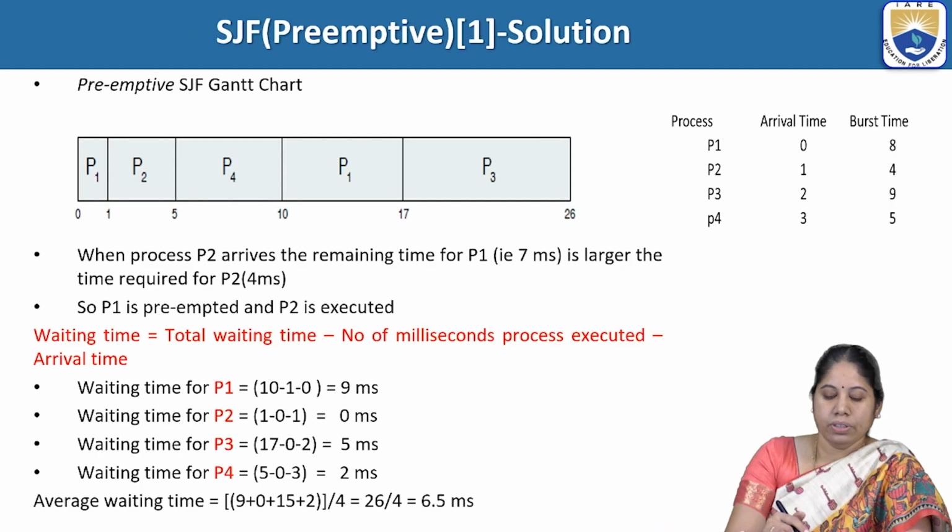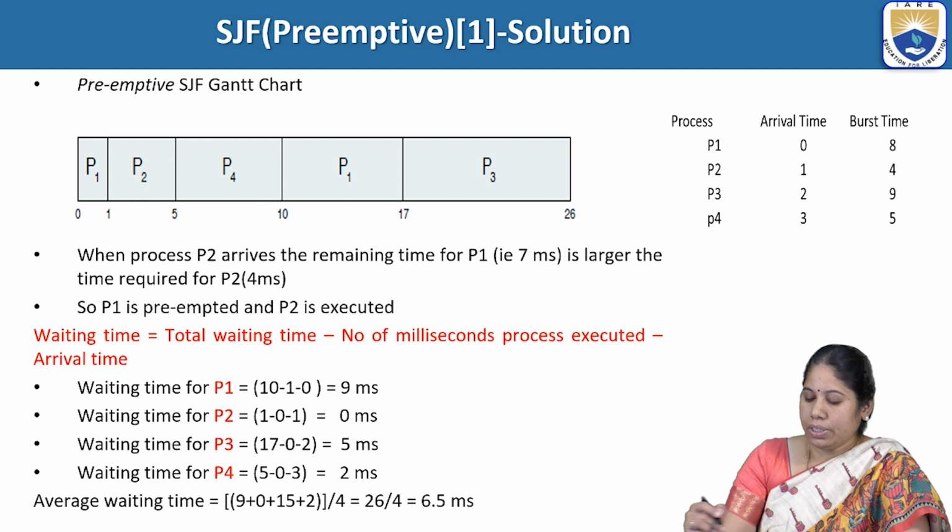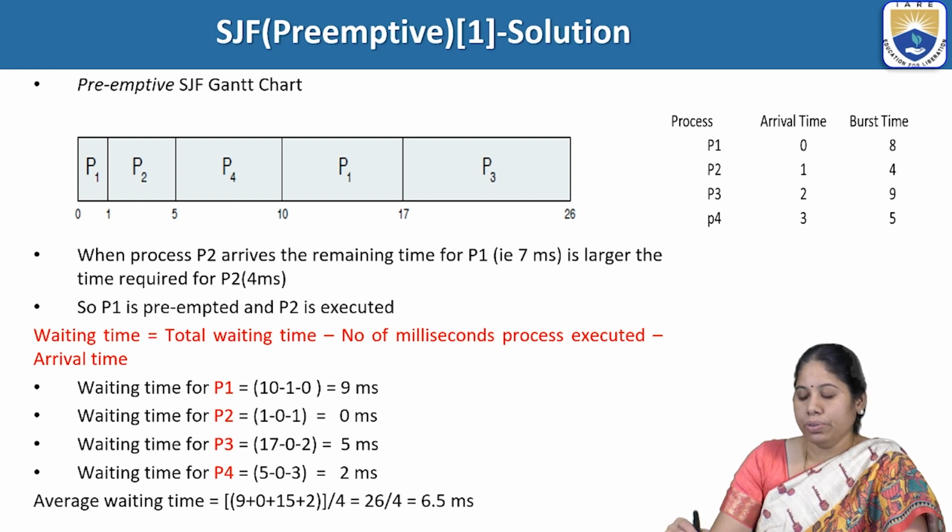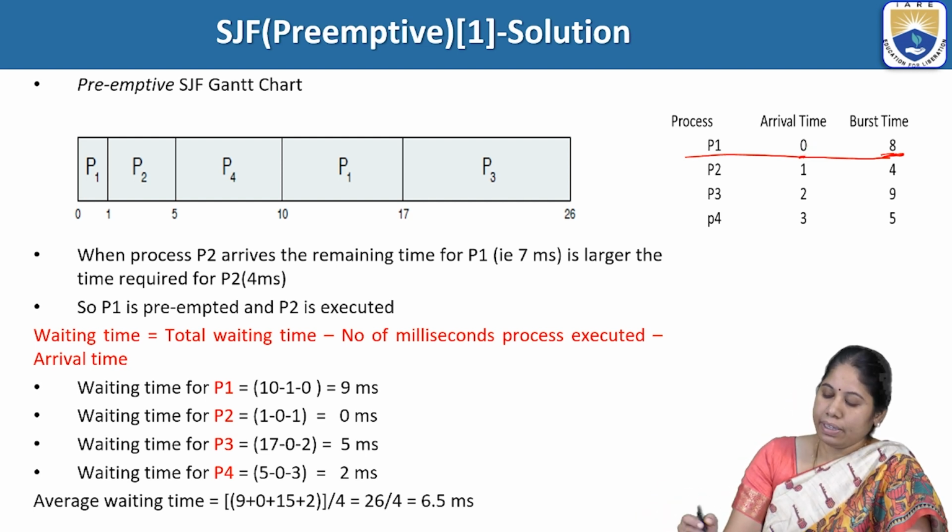Now, preemptive. At time 0, which processes are in the ready queue? Only one process, P1. What is the burst time of P1? 8 milliseconds. So at time 0, P1 will take the CPU for execution. Right?